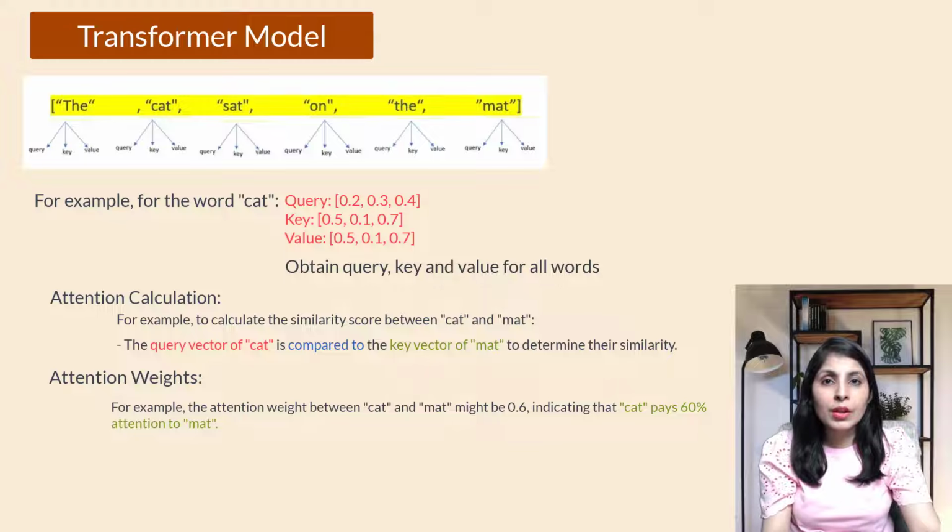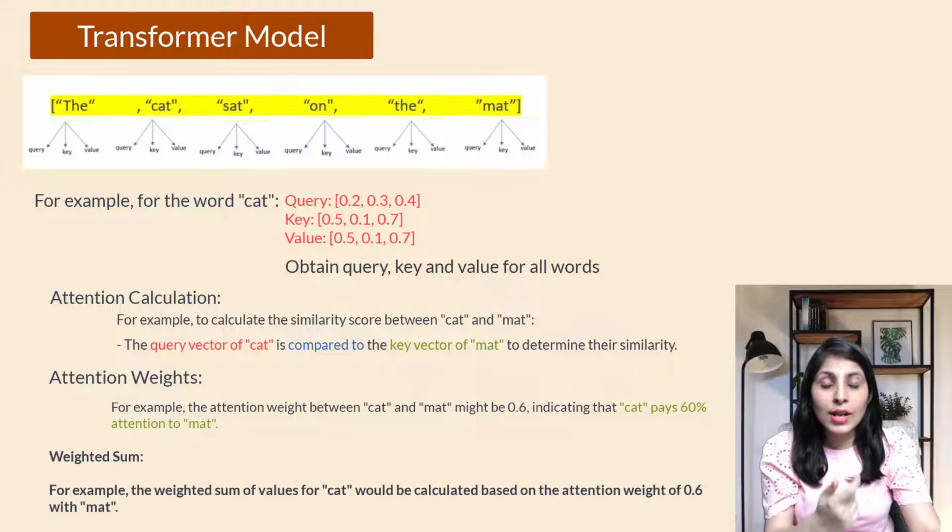For example, the weighted sum of values for cat would be calculated based on the attention weight of 0.6 with mat. The weighted sum is the updated representation of the word cat, taking into account the attention given to other words.